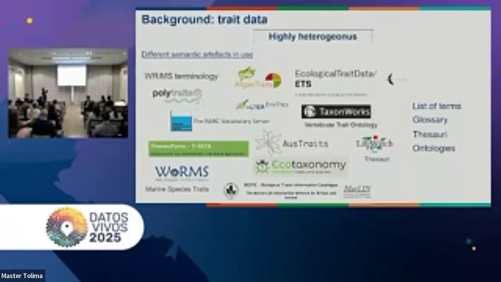In fact, in the last years, we have a lot of different semantic artifacts that are developed and in use in different research infrastructures or repositories. This kind of semantic artifact can be a simple list of terms, a glossary, or formalized as thesauri and ontologies.